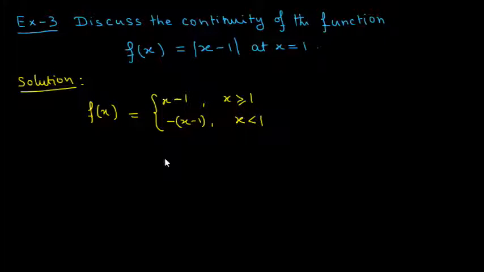When plus x minus 1? When x is greater than or equal to 1. And when minus x minus 1? When x is smaller than 1. So this is by the definition of the modulus. We can write the function like this. Okay, the function is defined at 1.